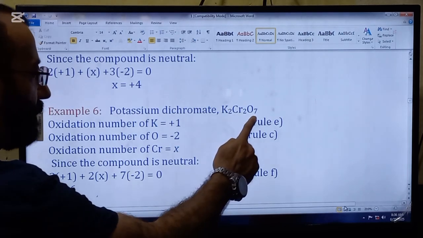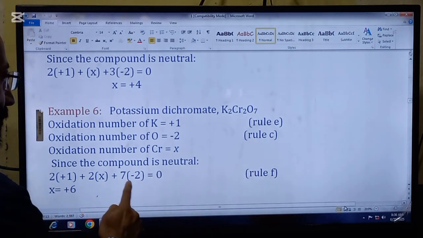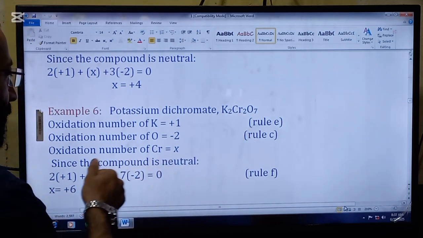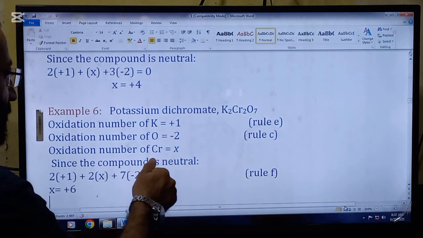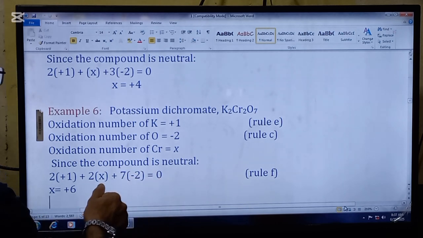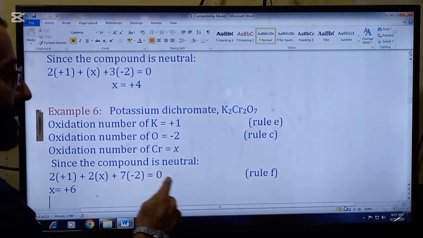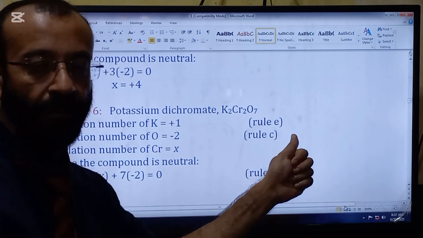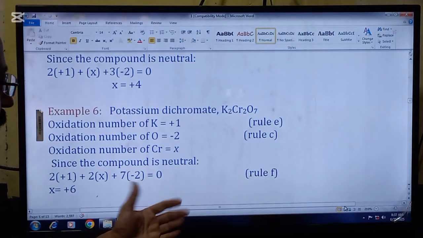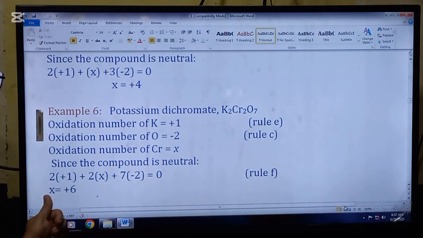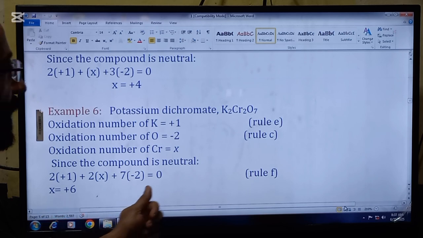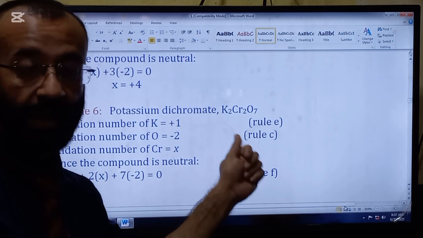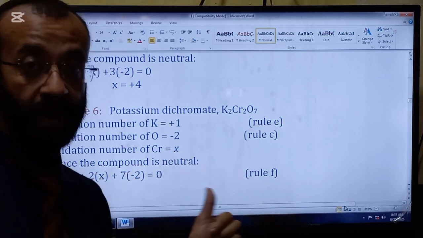There are 7 atoms of O, so that's why 7 into -2. And there are 2 atoms of Cr, and we let the oxidation number of Cr be X, so 2 into X. And this must be equal to 0 because this is an electrically neutral compound. So solve this equation, you will get the answer of +6. So it means the oxidation number of Cr is +6 in this compound. So these kinds of questions come in the paper.